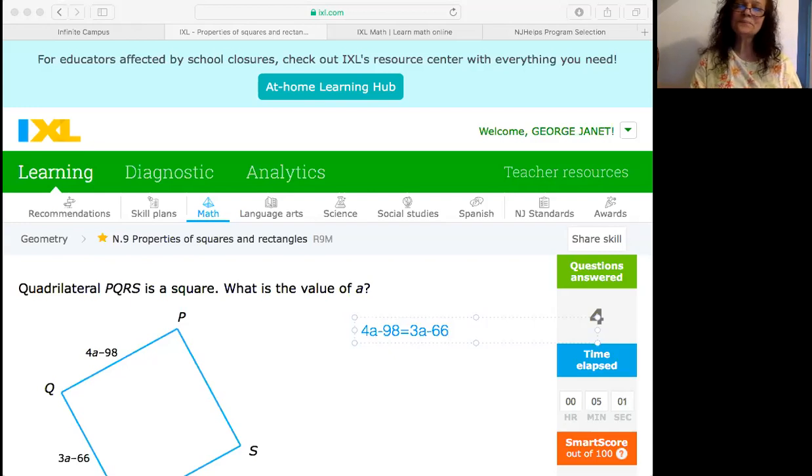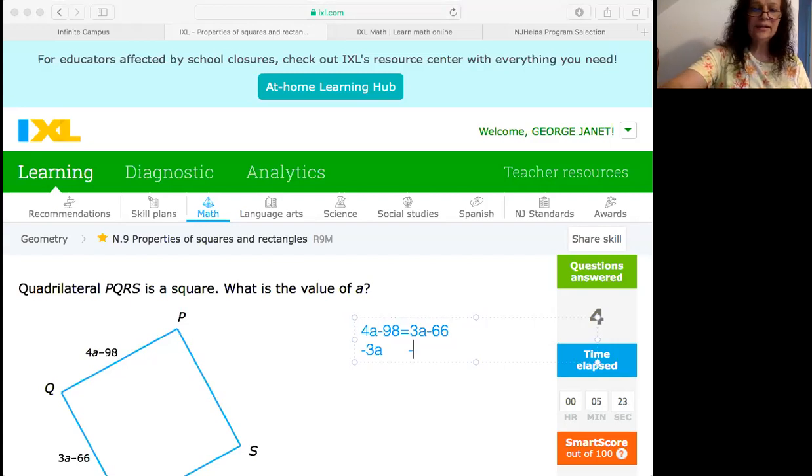Now you either subtract 3a from both sides or subtract 4a from both sides. Which is easier? The smaller number, okay? So you subtract 3a from one side of the equation, you do it to the other.